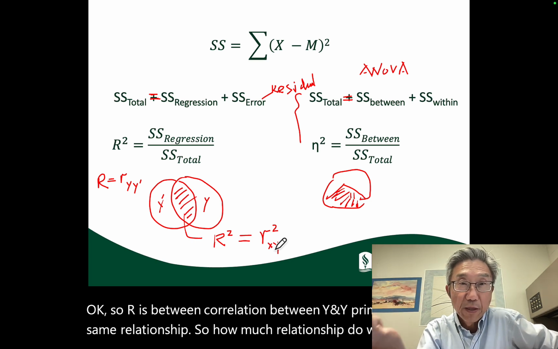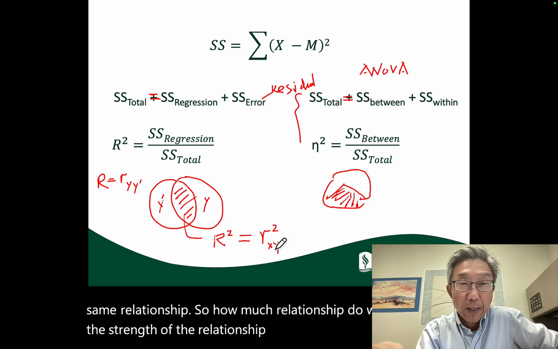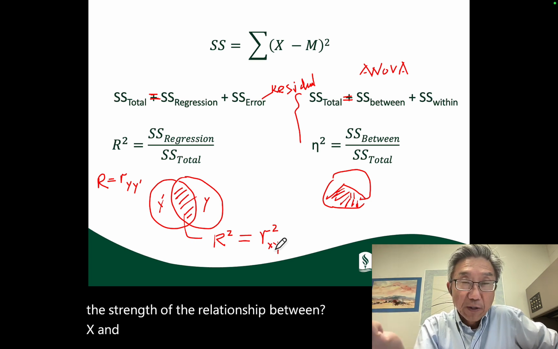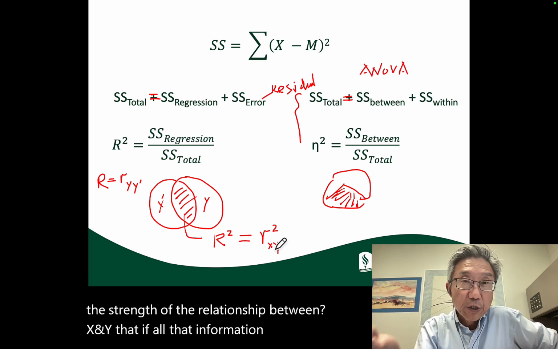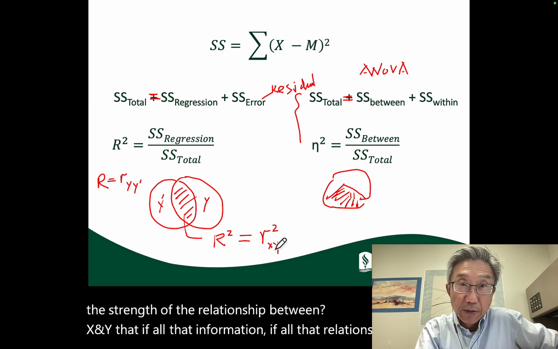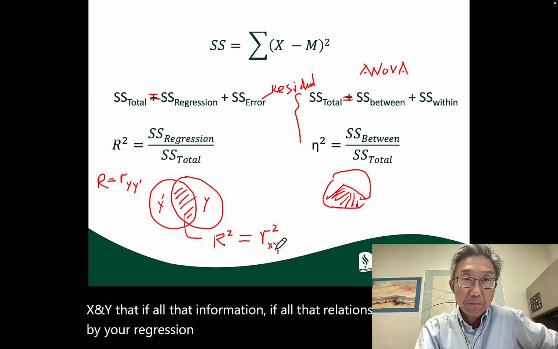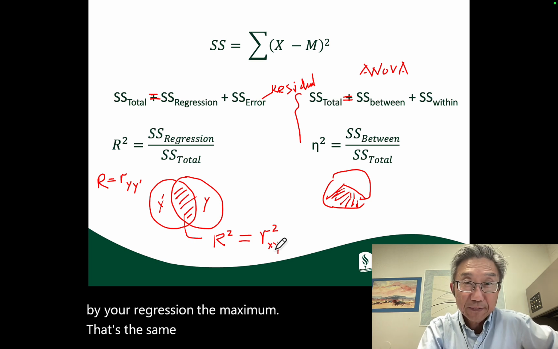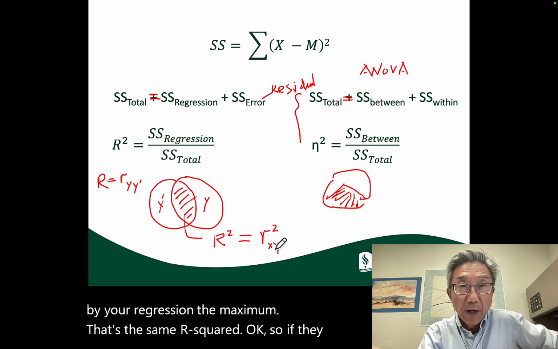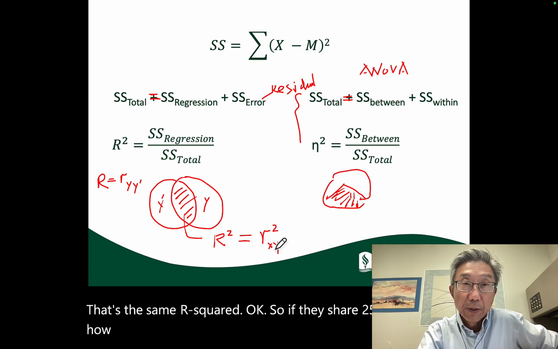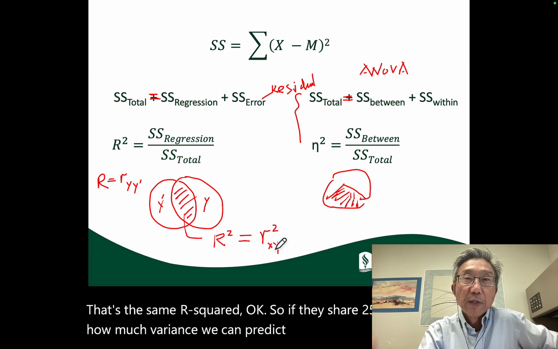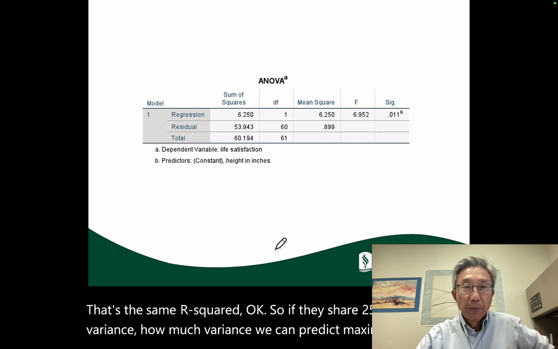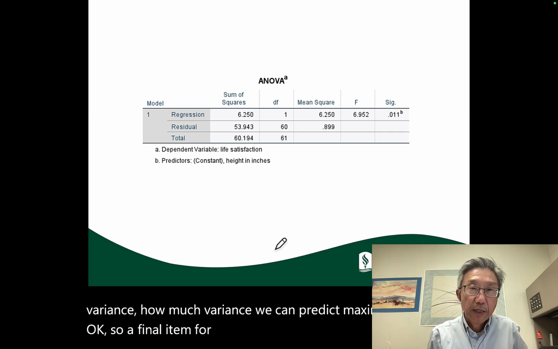What is the strength of the relationship between X and Y? That if all that relationship is captured by your regression, the maximum, that's the same R squared. Okay, so if they share 25% of variance, how much variance we can predict maximum? 25%.